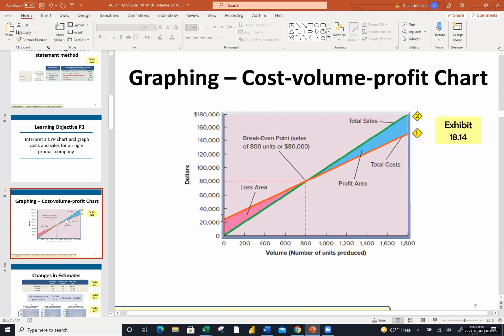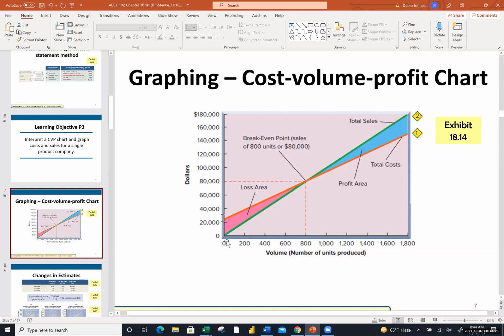For example, if I asked you, where is the break-even point? I expect you to know that the break-even point is where these 2 lines intersect. And so if I asked you that, you would say, oh, the break-even point is 800 units, or the break-even point is $80,000. Okay, here's the question I was asking you earlier: where would the fixed cost be?